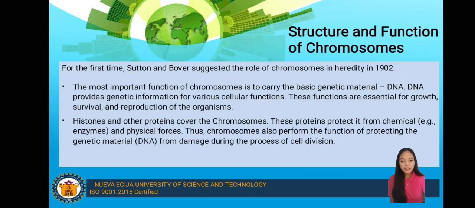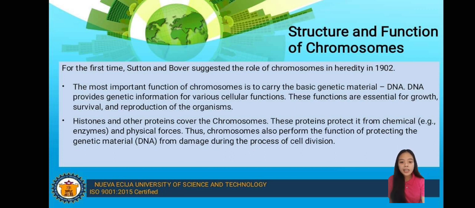Now, let's proceed to the structure and functions of chromosomes. For the first time, Sutton and Boveri suggested the role of chromosomes in heredity in 1902. The most important function of chromosomes is to carry the basic genetic material, DNA. DNA provides genetic information for various cellular functions.